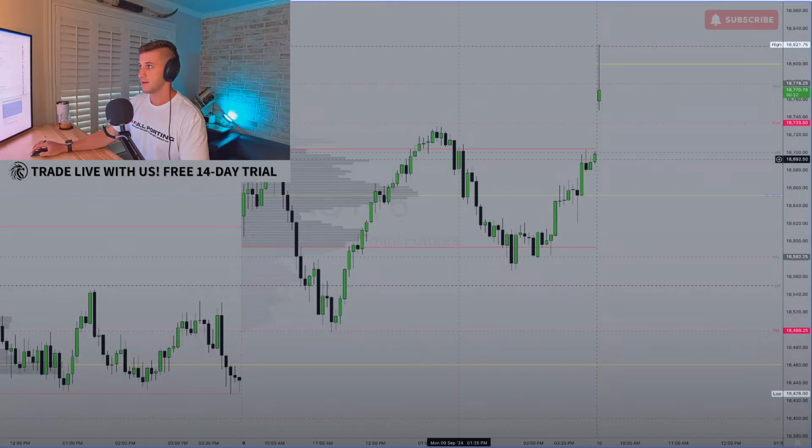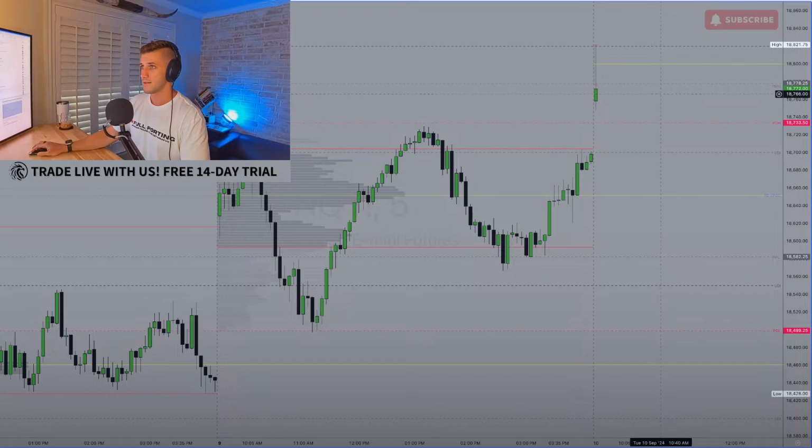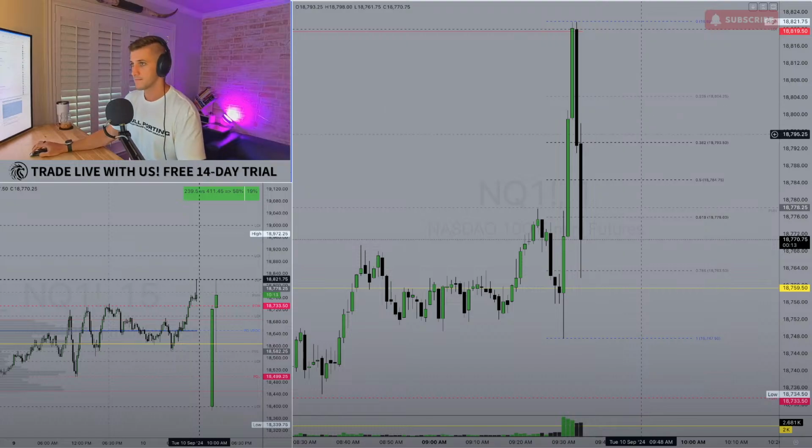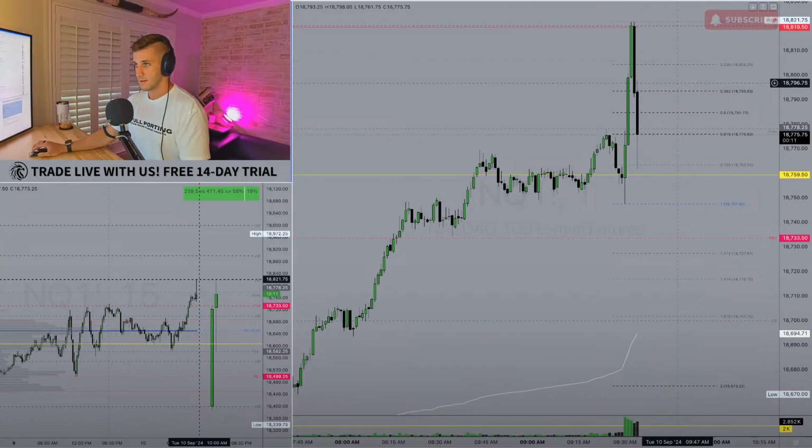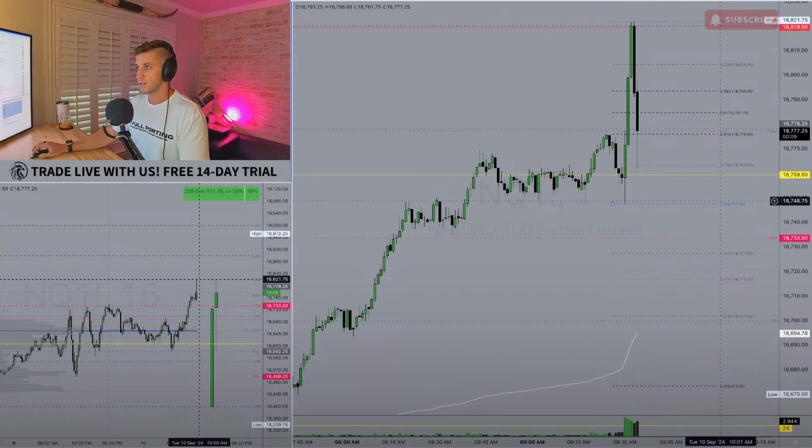Keep an eye on that 5-minute. Pretty big wick there so far on that 5-minute. NQ back into that session volume point of control there right near 760.